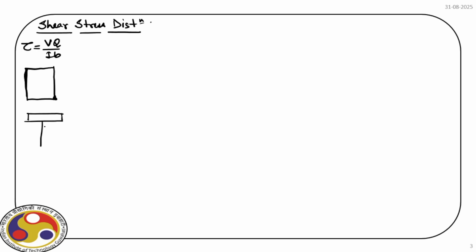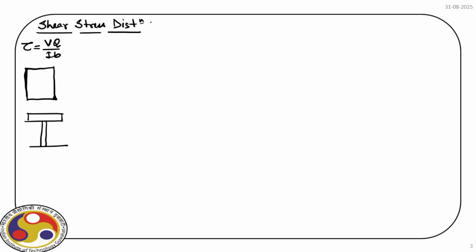Now if you recall the previous discussion, we derived an expression tau is equal to VQ by IB. We also solved examples with a rectangular cross section and I sections; these are the problems we have already solved.